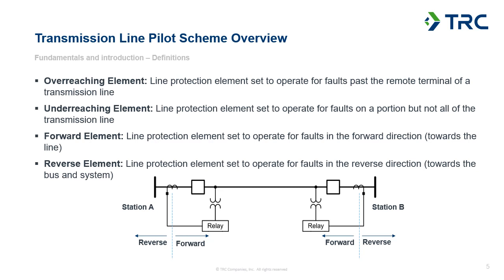So again, from the relay's perspective, with a typical connection, forward is considered towards the protected line, and reverse is towards the system behind the line terminal. And that same applies at either station, either end of the line. So we'll use those terms to really describe how we're making a more informed decision by using directionality at both terminals to make a trip decision.